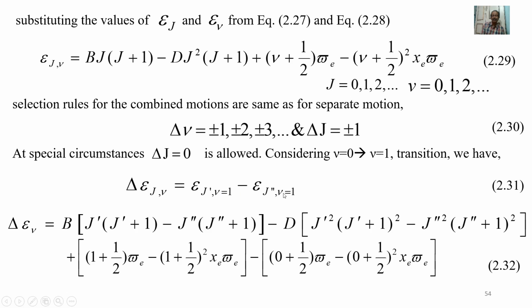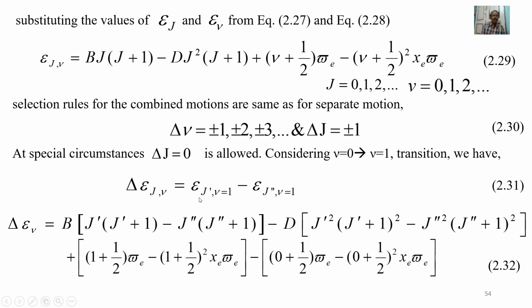There is a mistake in equation 2.31: this is nu equals 1, and here it is nu equals 0. Of course, here J prime is there, and here J double prime is there. This is for the lower state, and this is for the higher state. So this is for the ground state, and this is for the first excited state.